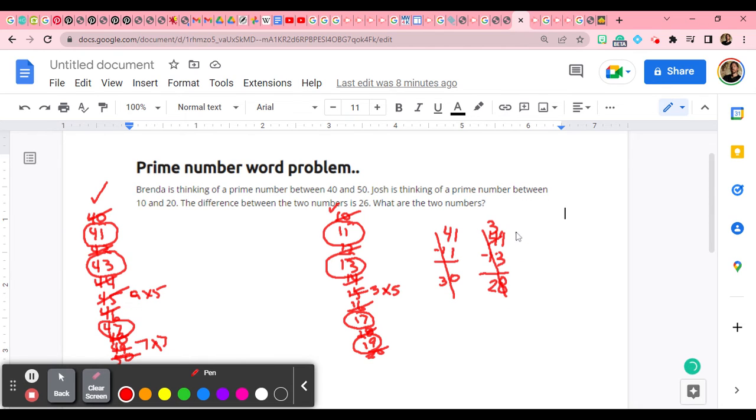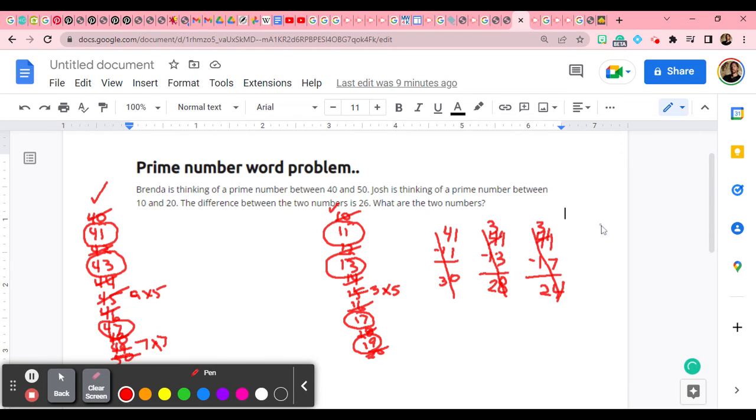Let's try 41 minus 17. This is probably not going to work, but let's check it. That's 24, right? That's not going to work. So we've pretty much eliminated all chances of it being 41.